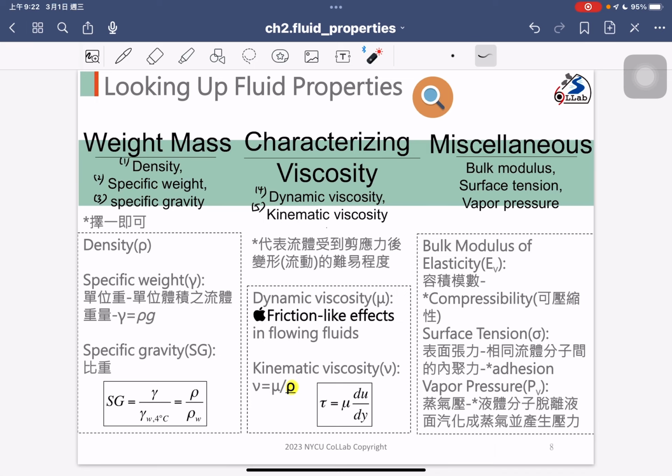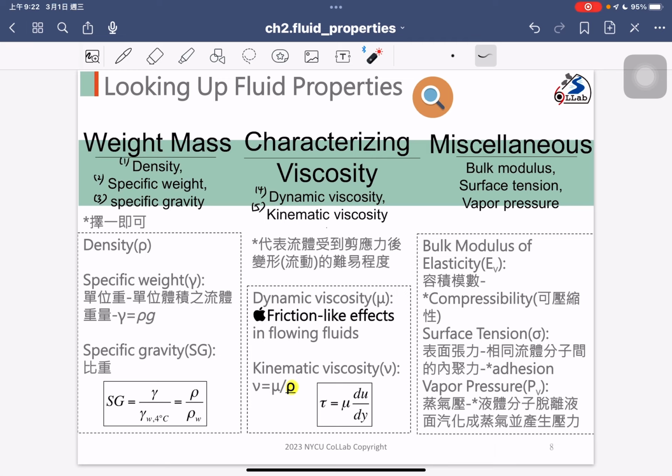Then you can see the only difference is we take the mu and divide by the density to get the kinematic viscosity, which we call nu. Why do we divide the dynamic viscosity by the density? Because sometimes we have different definitions for our property.